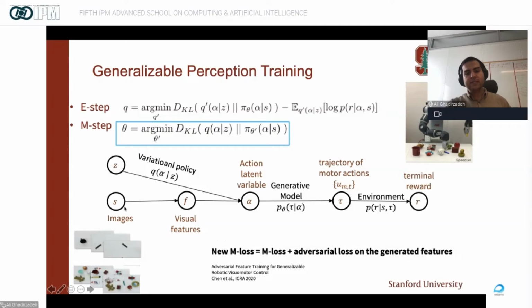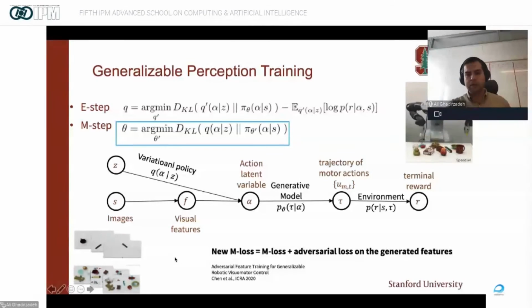Basically, we have a feature extraction component, which is denoted by F. Our idea is that features that come from the images originally used for training the policy should not be distinguishable from the features that come from more realistic images.